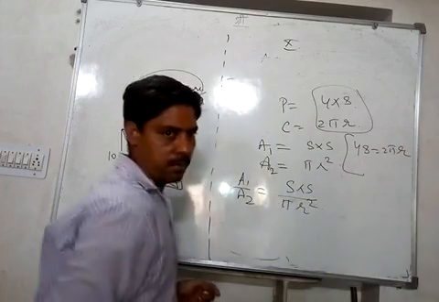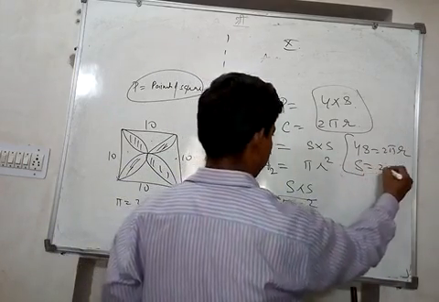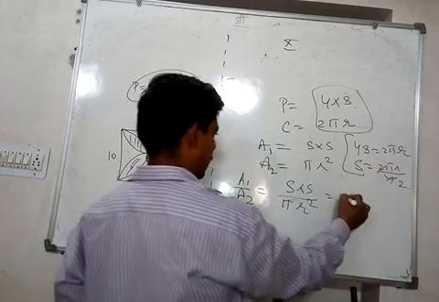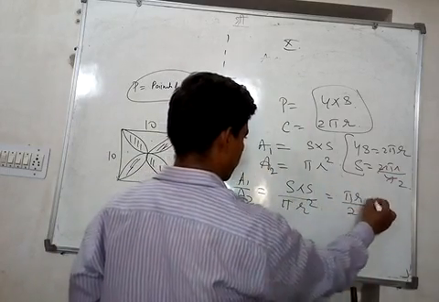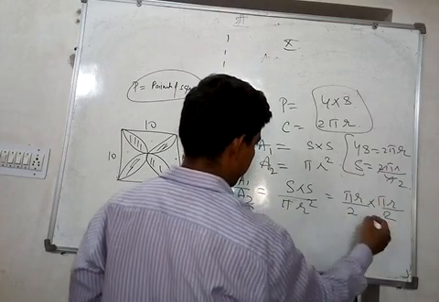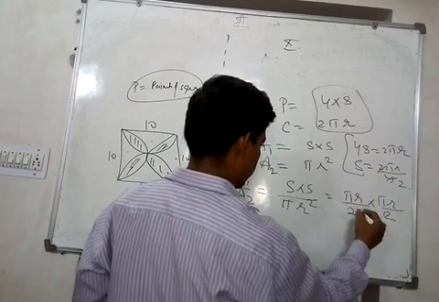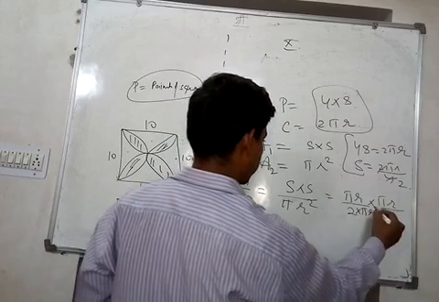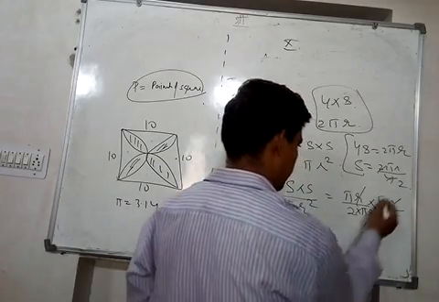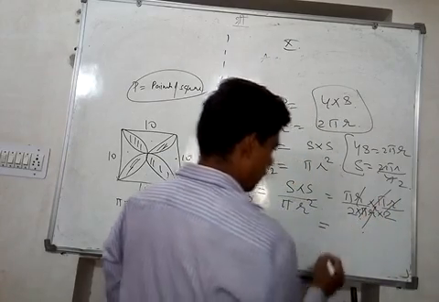So find the value of s from here. s is equal to 2 pi r upon 4, pi r upon 2. So here you write pi r upon 2, pi r upon 2 divided by pi r square. So I write pi r square in between, right? This r square and r square cancel, pi and pi cancel. What are we getting?